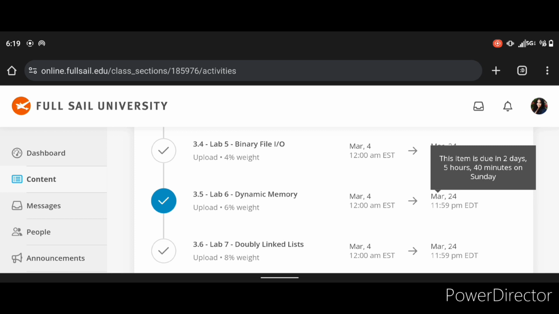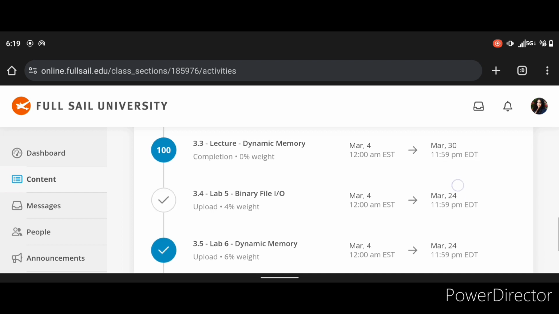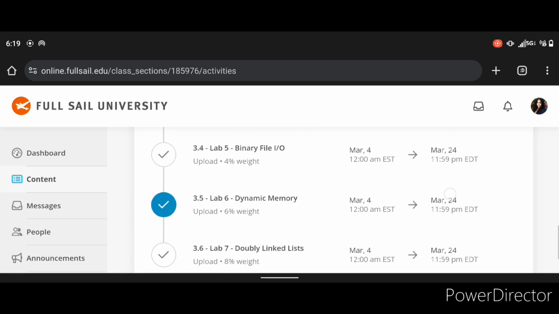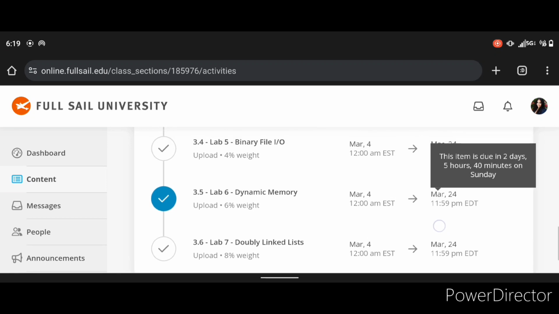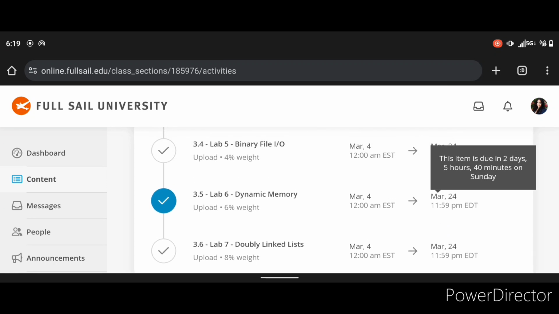And then lab 6 took me several days, but finally, I figured it out. With that one, you had to fix the memory leaks that they purposely put in the lab for you to go figure out and fix.